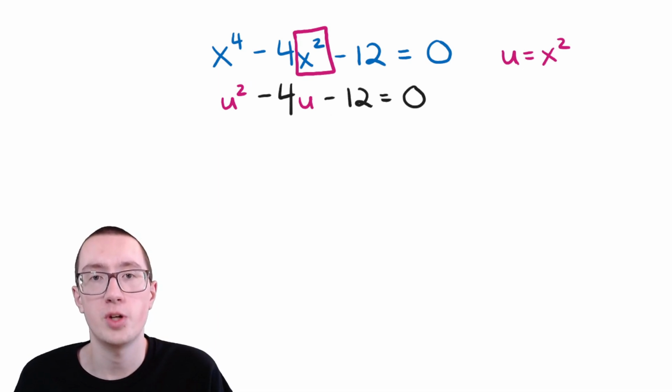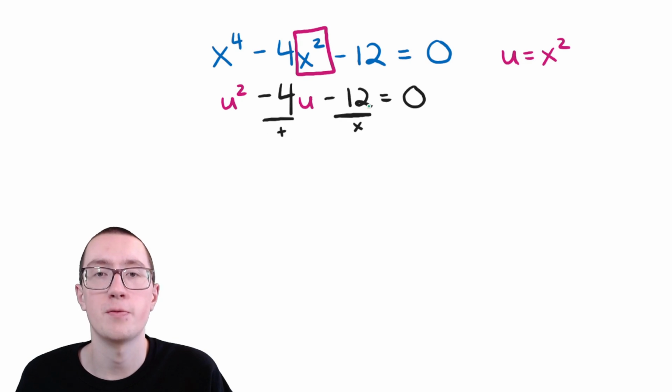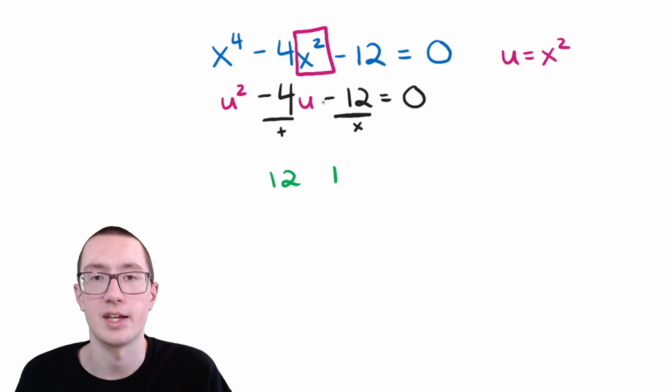We need to find two numbers that add up to -4 and multiply to get -12. So let's figure out what numbers multiply to -12. First of all, if we're ignoring the minus sign for now, we have 12 times 1. That makes 12. And because it's negative, we have to figure out which one of these is negative.